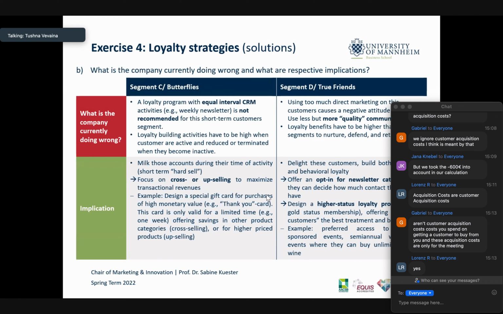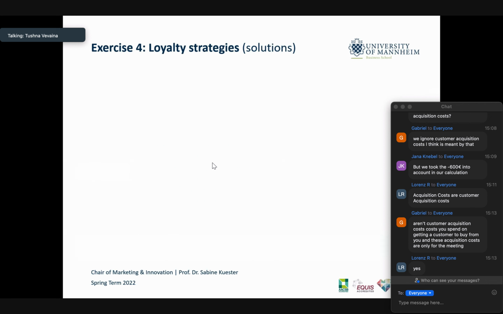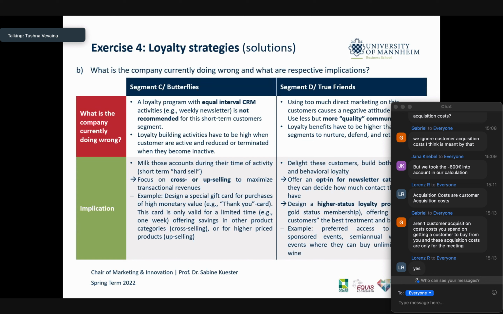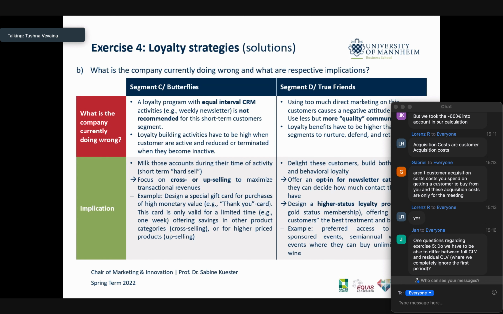That's exactly the kind of implication we are given. So we are treating these guys very differently from the previous segment, which was not long-term customers, they're strangers, and we are saying that we do try to keep these customers and build activities to make them more loyalty-building activities.